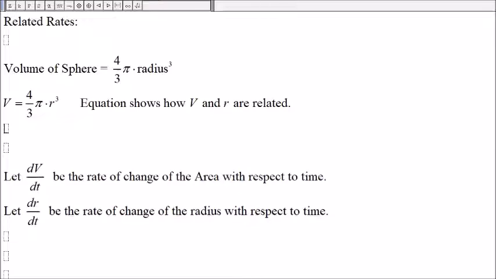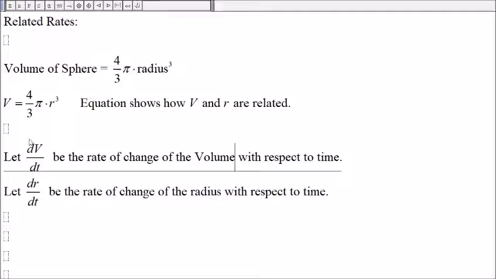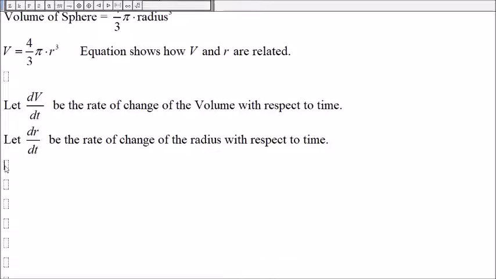And so let dV/dt be the rate of change of the volume with respect to time, and then dr/dt be the rate of change of the radius with respect to time. And then what we need to do is implicit differentiation.